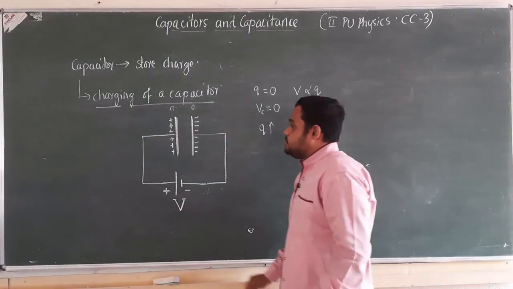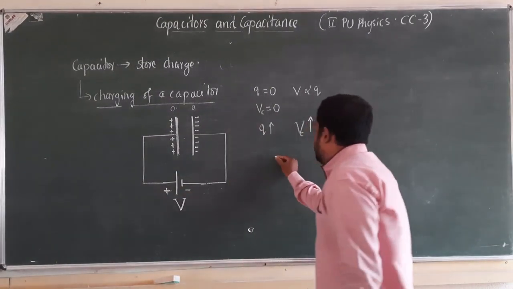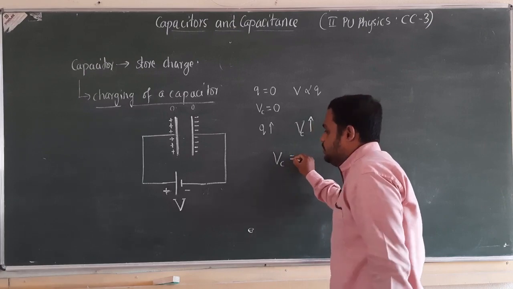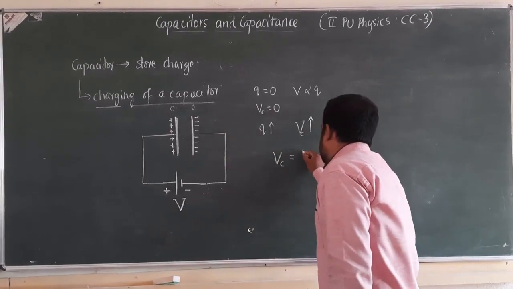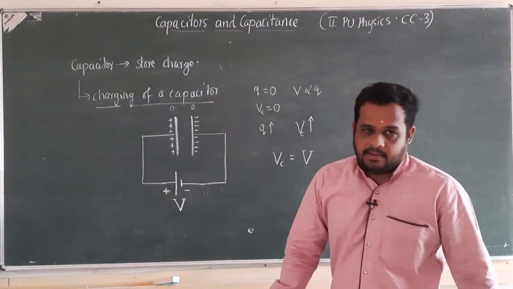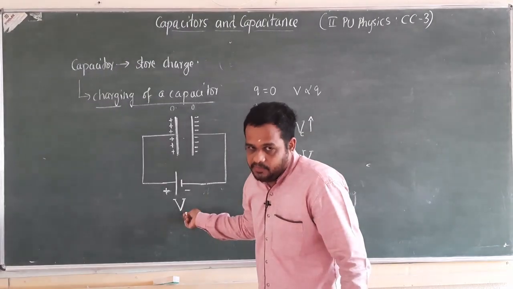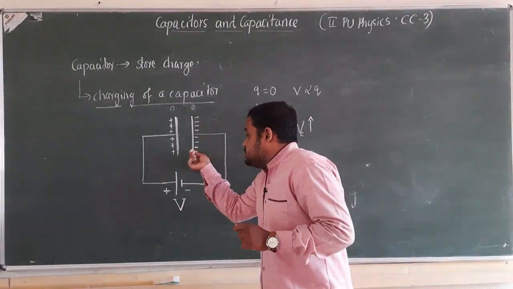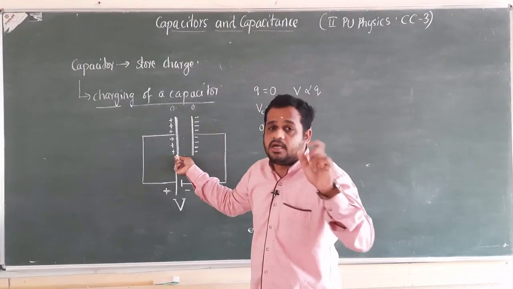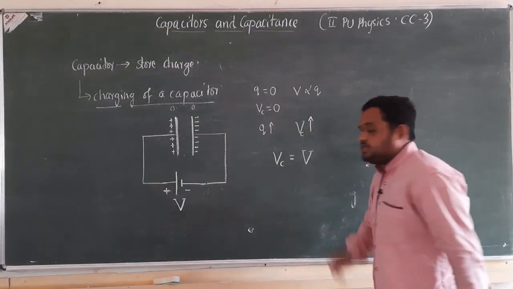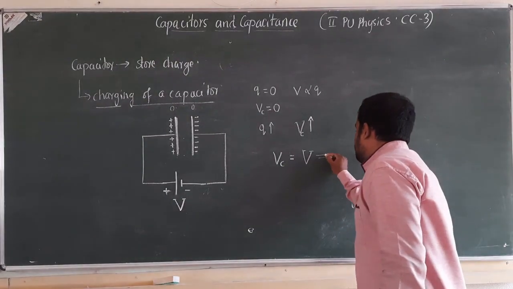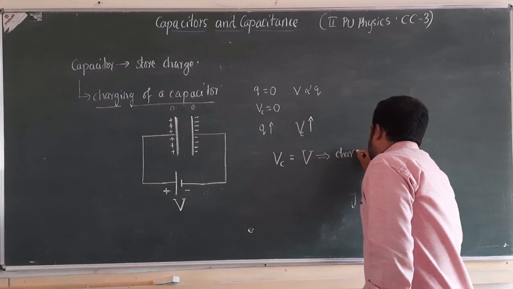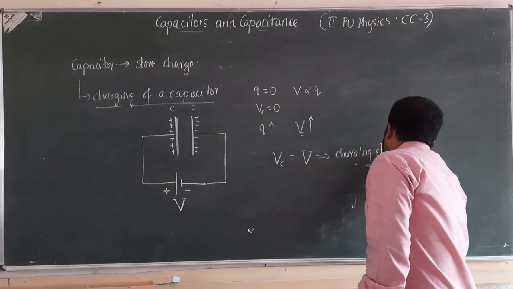Now this charging process continues until the potential difference across the plates of the capacitor becomes equal to the applied potential difference, that is, the potential difference produced by the battery. If it is a 5 volt battery, the charging process will continue until the potential difference between the plates of the capacitor becomes 5 volt. When this condition is reached, the charging process stops, or we can say the capacitor is fully charged.